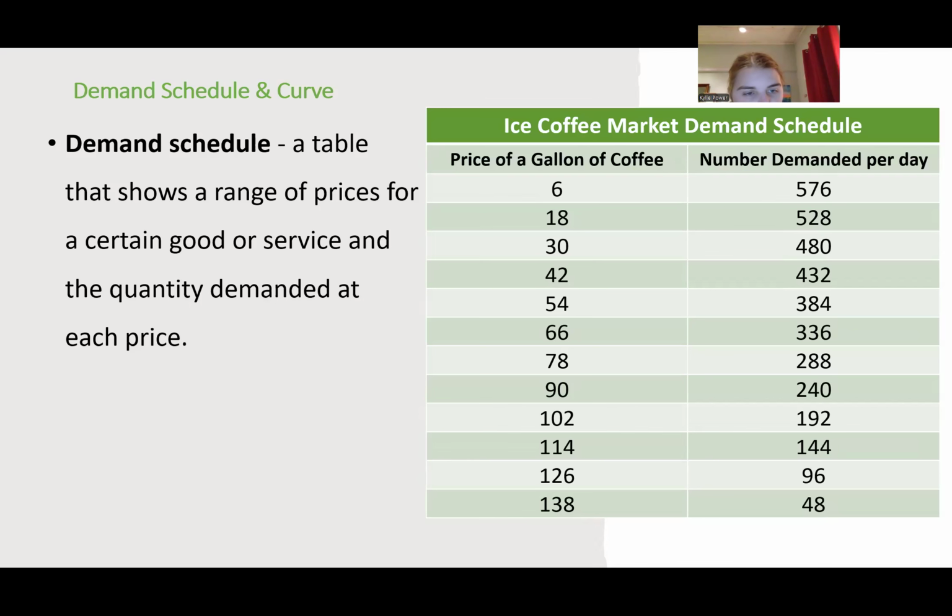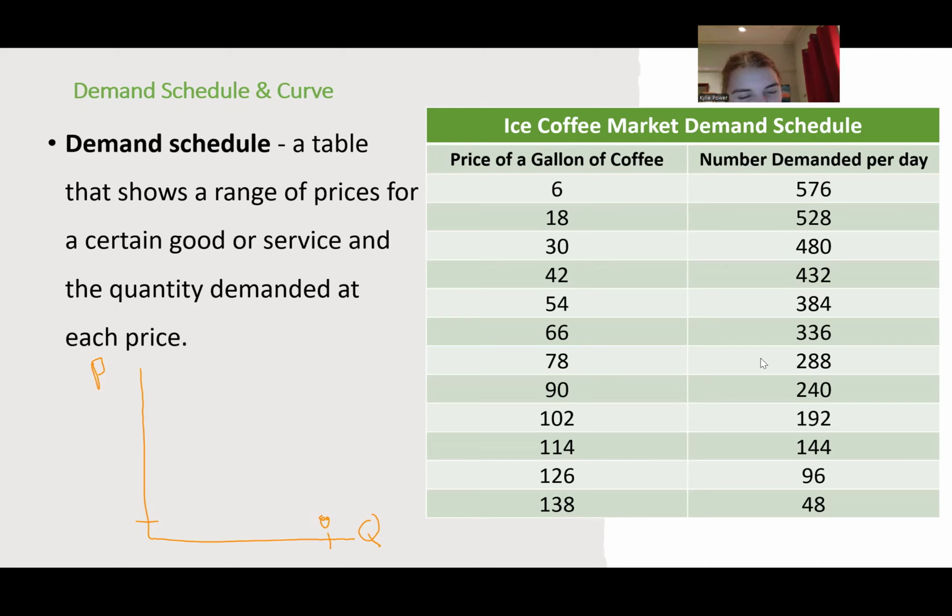We label our axes, we have our price, we have our quantity demanded over on this one, and then we would go over by our demand. So our demand is way over here, and then we go up by our price, and our price is way down here, right?